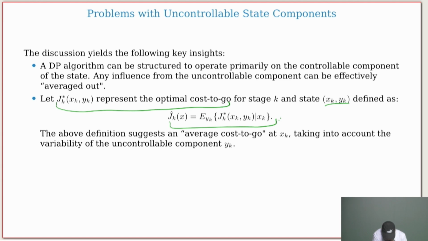So this is the average cost to go at xk. It does depend on the forecast yk, and it also takes into account the uncontrollable component yk, because we are averaging out over yk.